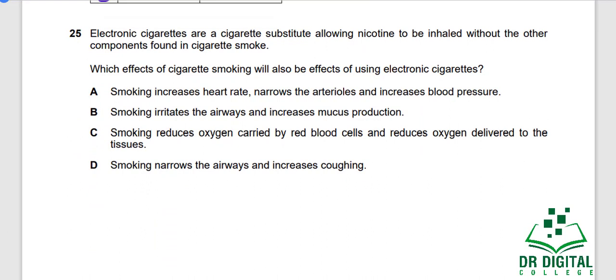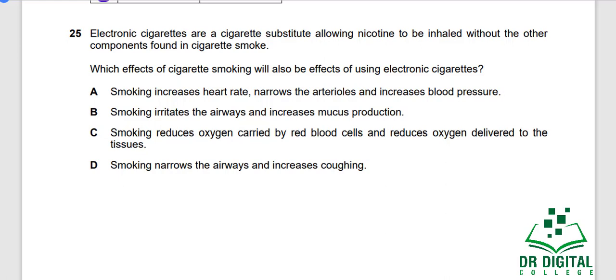In question 25, electronic cigarettes are a cigarette substitute allowing nicotine to be inhaled without the other components found in cigarette smoke. You know that other than nicotine, there is carbon monoxide, there is tar, and there are unburnt carbon particles, the soot particles. Which effects of cigarette smoking will also be effects of using the electronic cigarette?